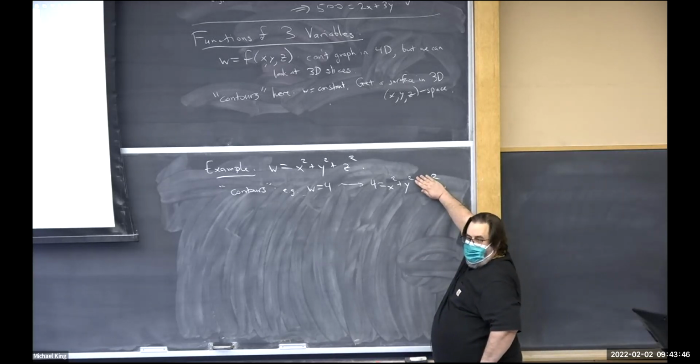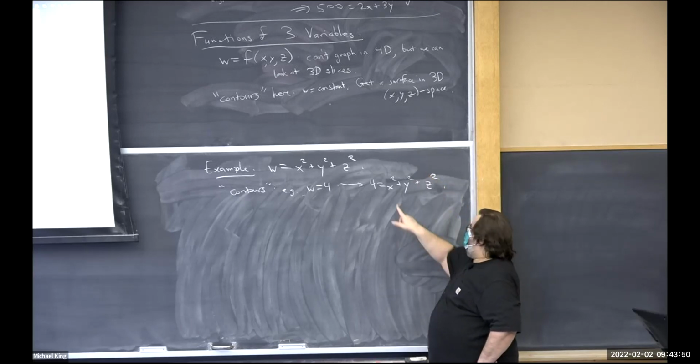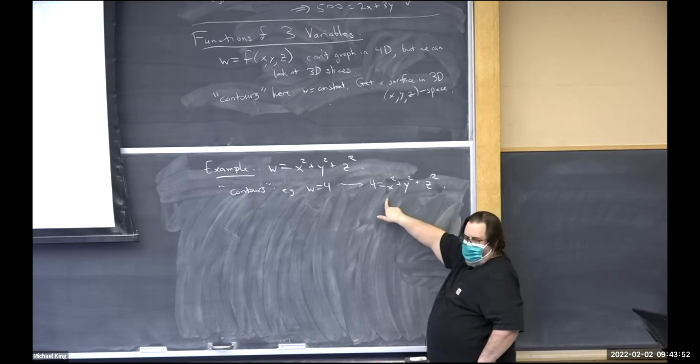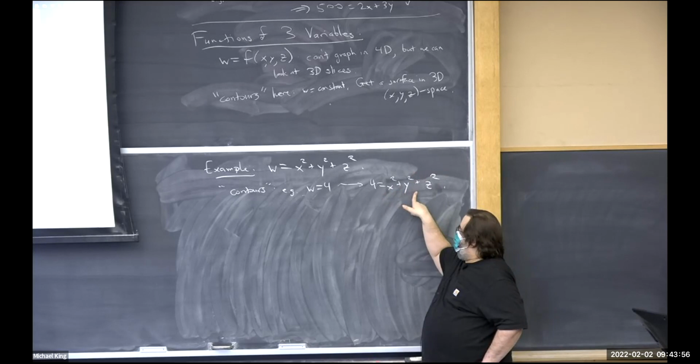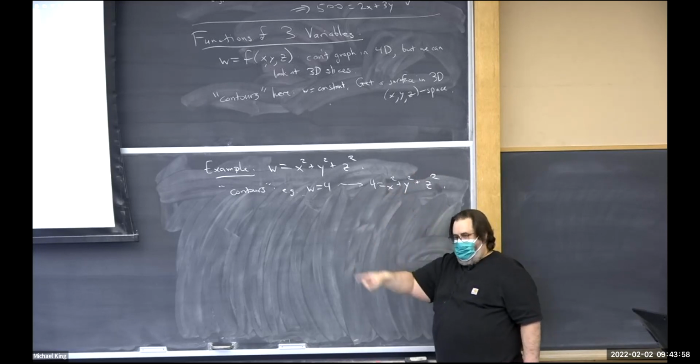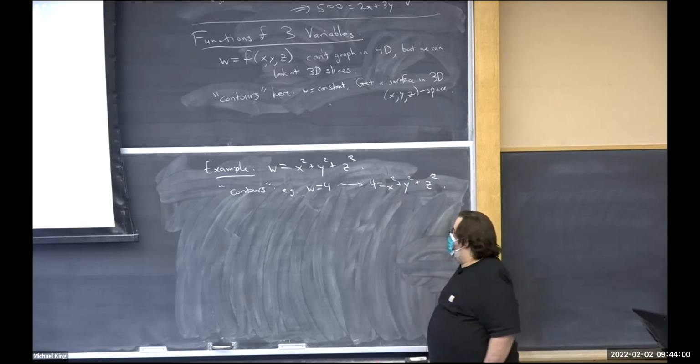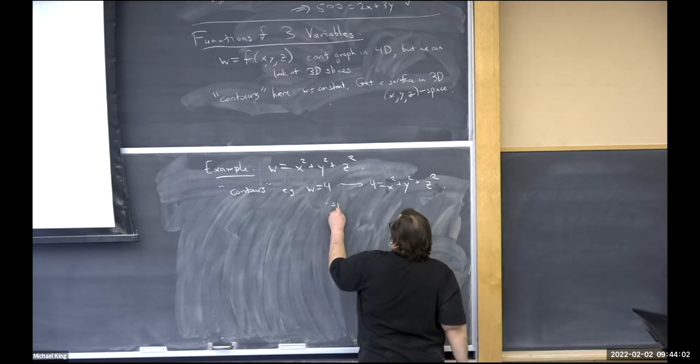If we take this away, we get a circle of radius 2. And this is the square of the distance from the origin, right? If we took the square root of both sides, we get distance equals 2 from the origin. All the points 2 units away from the origin is a sphere. So we get a sphere of radius 2.